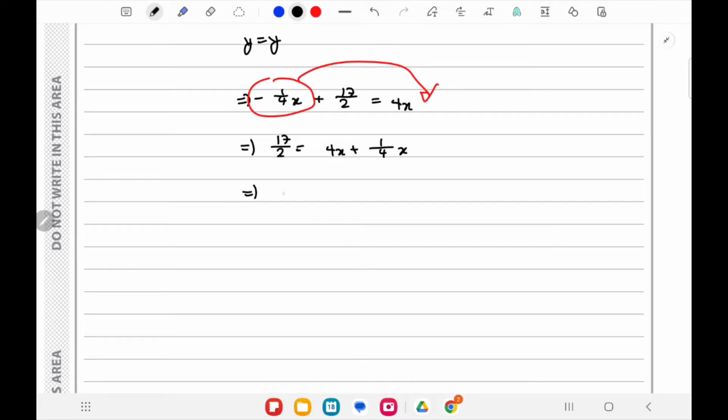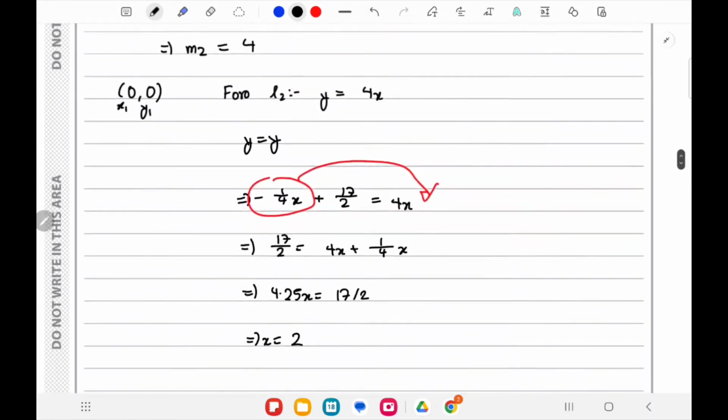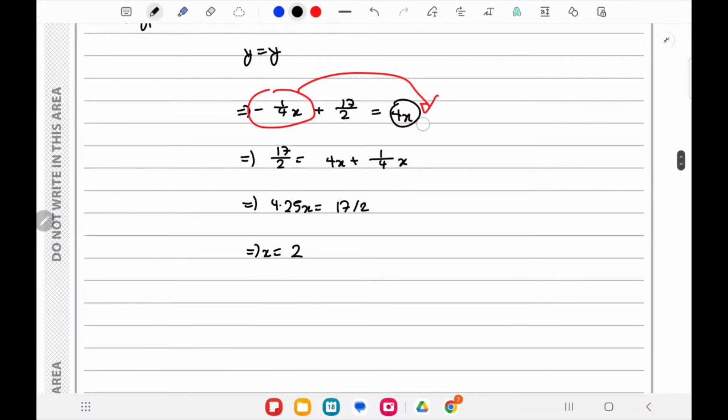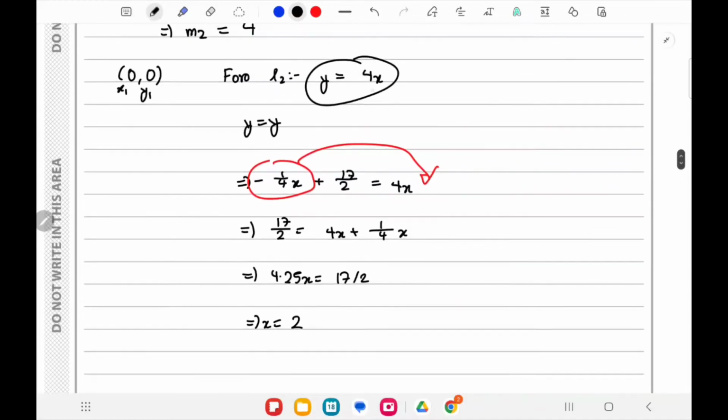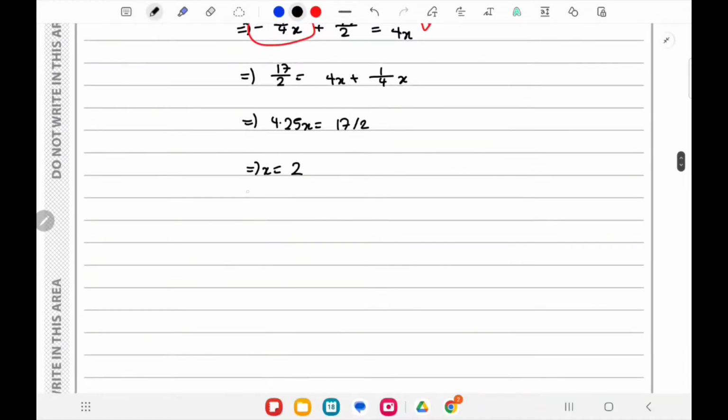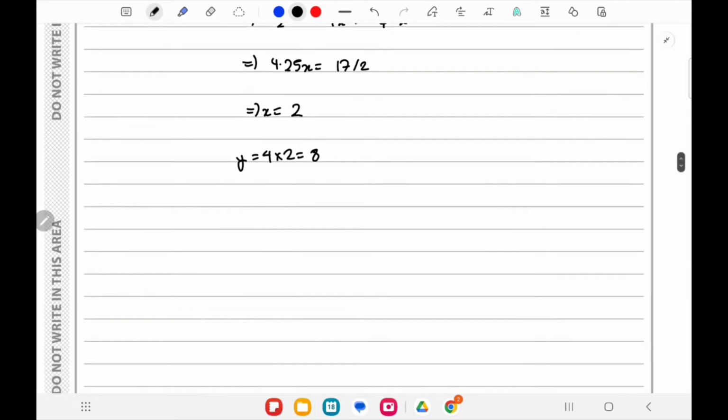Let's just do it. 4.25x equals 17 by 2. x equals 2. Now we can just find the value of y. I'll just plug it in here. So if x equals 2, y would be 4 into 2. So y is 8. So the coordinate of R is 2, 8.